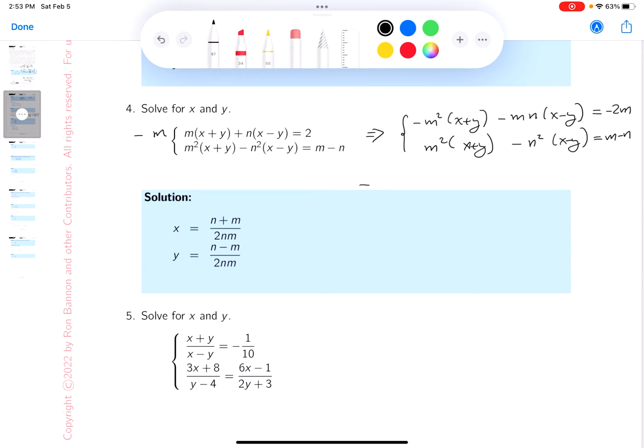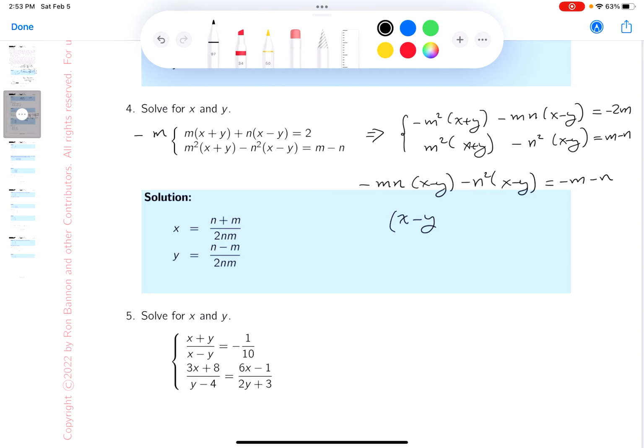You get minus mn (x minus y) minus n squared (x minus y) equals minus 2m, I'm sorry, that would be minus m minus n. And I'm going to factor out the x minus y now.